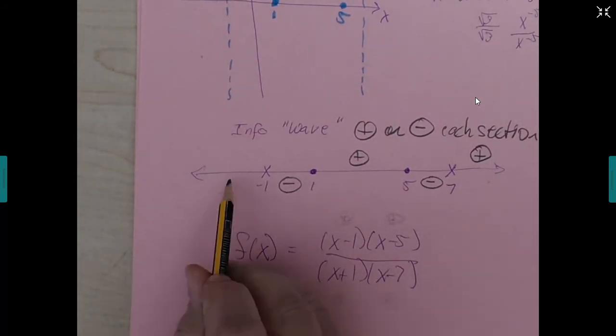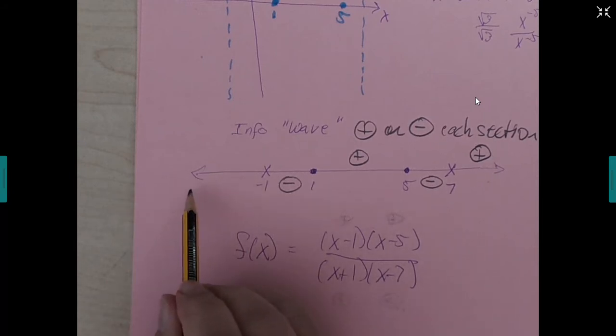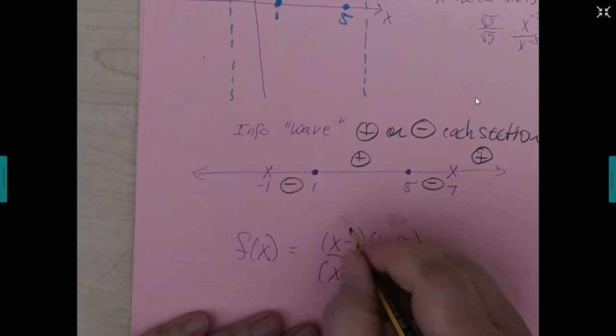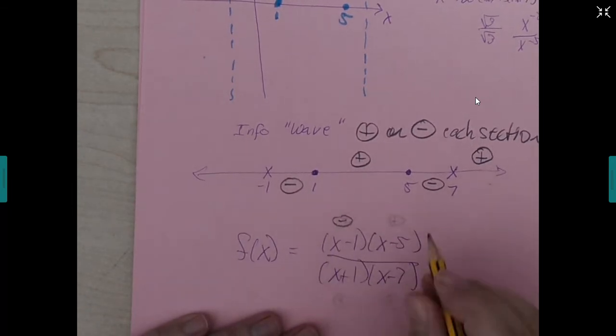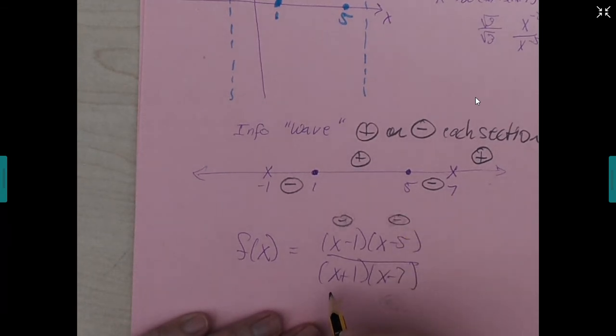Okay, any number below negative 1, anything in this region here. I don't care if you pick negative 200. Let's do it, negative 200. Negative 200 minus 1 is a negative 201. Negative 200 minus 5 is also negative. Negative 200 plus 1, still negative, and negative 200 minus 7, still negative.